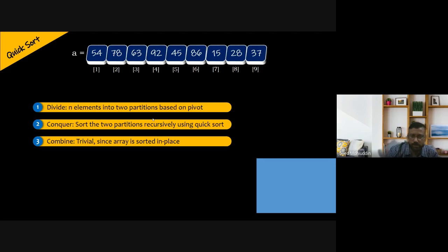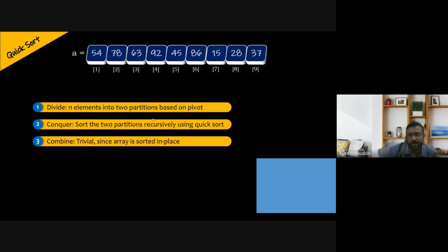Then the next phase is conquer in the divide and conquer strategy. What conquer implies here is that the two partitions have to be recursively sorted using quick sort.